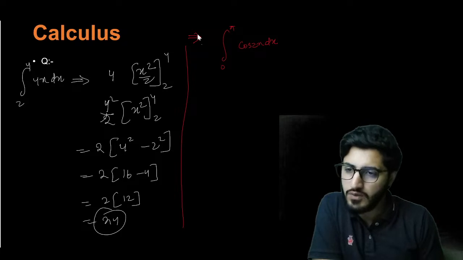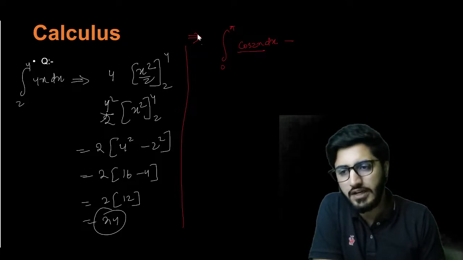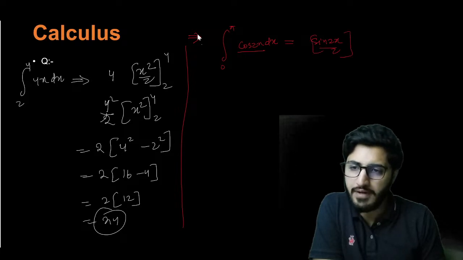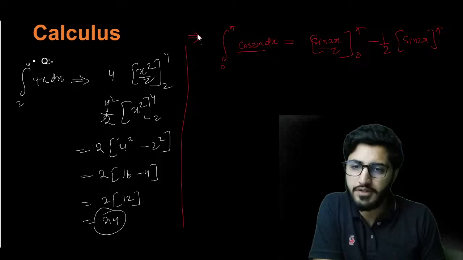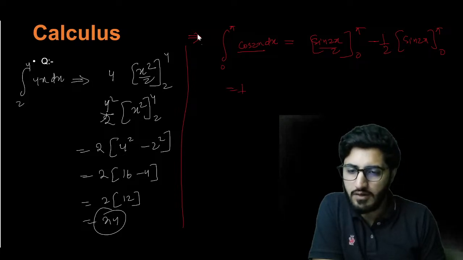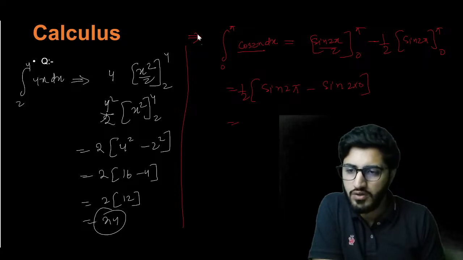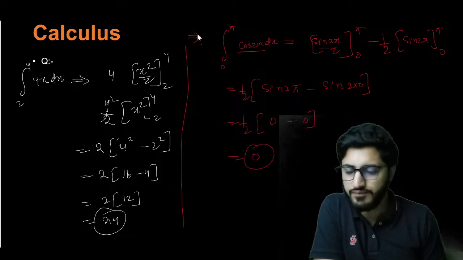What is the integration of cos 2x? The integration of cos 2x will be sin 2x divided by 2, upper limit pi, lower limit 0. I can take 1 by 2 outside as a constant, so I take sin 2x with upper limit pi and lower limit 0. At the place of x I put pi, minus the lower limit sin 2 times 0, which is 0. So it is 1 by 2 times sin 2 pi, which is 0, minus sin 0, which is 0. So my answer came out to be 0.